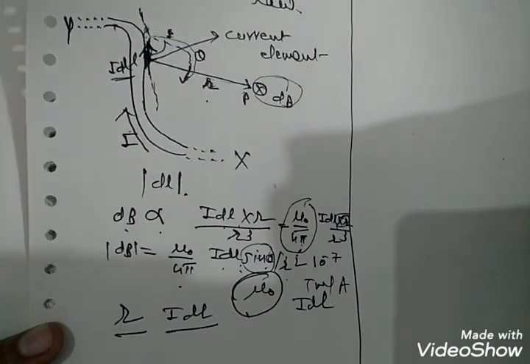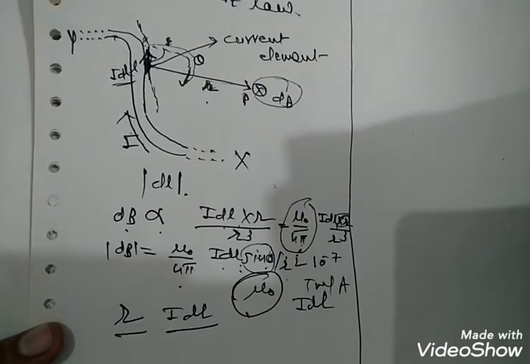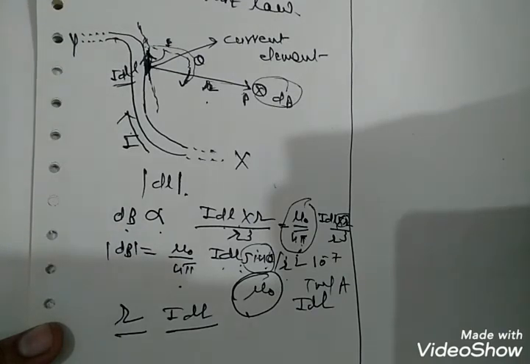The magnetic field is perpendicular to the plane containing the displacement vector r and the current element I dl. Again I repeat, the electrostatic field is along the displacement vector, but the magnetic field is perpendicular to the plane containing the displacement vector and the current element I dl.